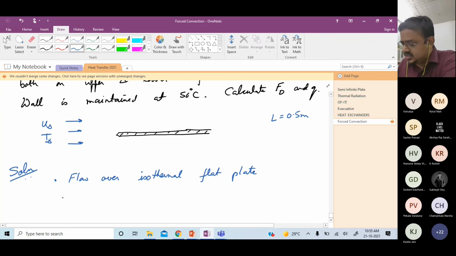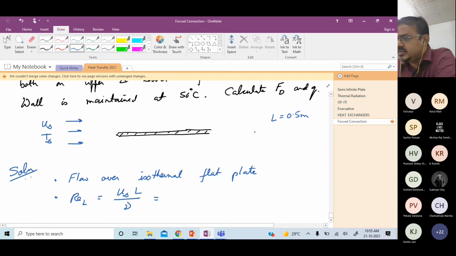So the first thing you check is what is Reynolds L, U infinity L over nu. I'll give you the properties here as well.